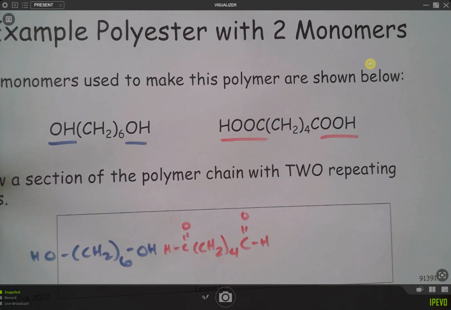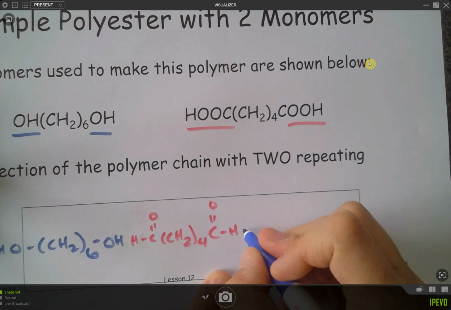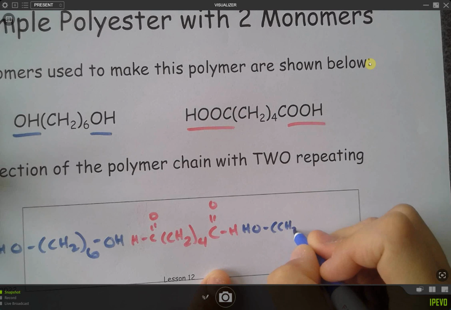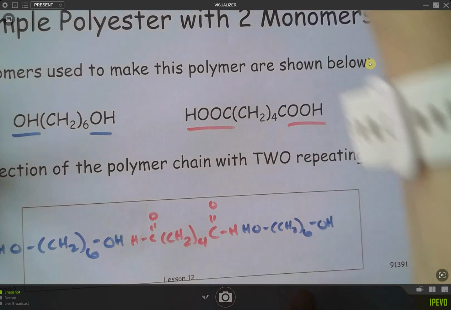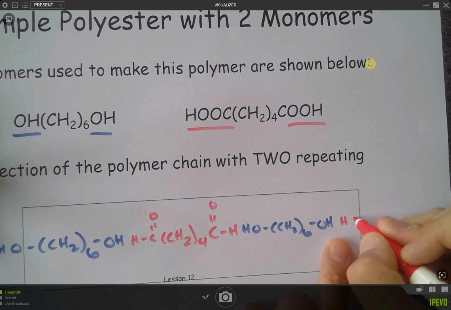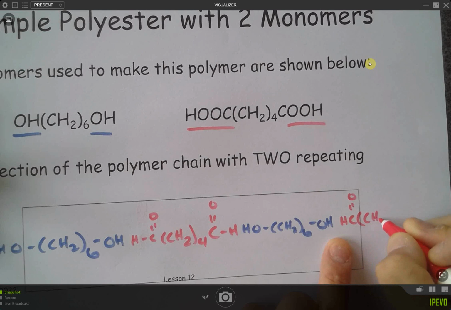All right. So we want 2 repeated units. So once again, I'm going to draw my alcohol. And I'm going to draw another carboxylic acid. Now, it's obviously a little bit big because I'm trying to draw all the monomers so I can see how to put it together. Once you guys get better at it, you won't need to do this.